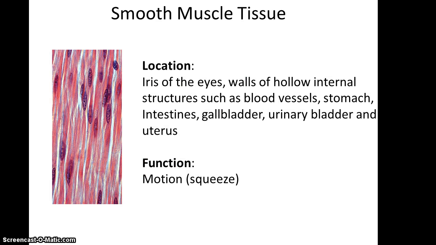And smooth muscle tissues are located in places like the irises of the eye. So the color of your eye is actually the color of that smooth muscle tissue. It's also found in the walls of internal structures such as blood vessels, the stomach, the gallbladder, and so forth. Its main function is motion, more of a squeezing to help push things along.